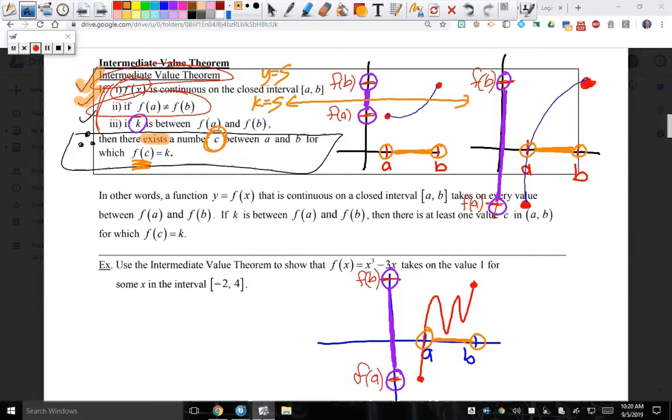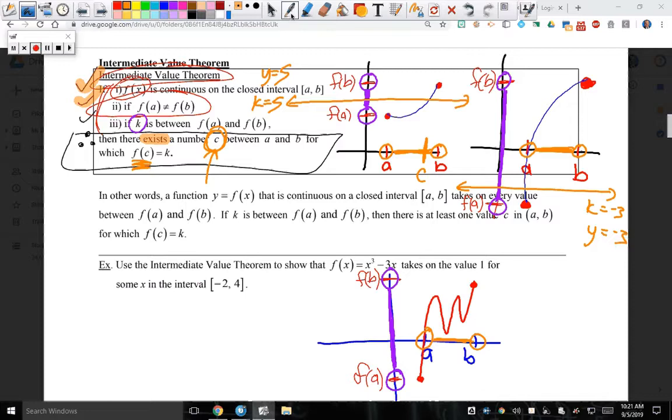So it's saying there must be at least one number, in this case right here, C, where if I found the Y value of this, which is K, there will be a C value that exists between A and B. Let's say over here that K was like -3. Otherwise, Y equals -3. It's between f of A and f of B. Then it guarantees that in between A and B, there will be a value.